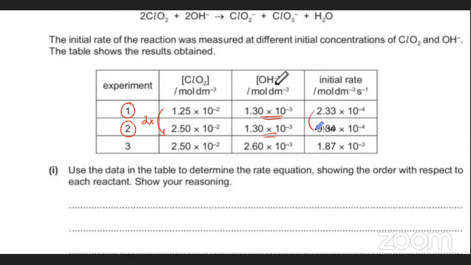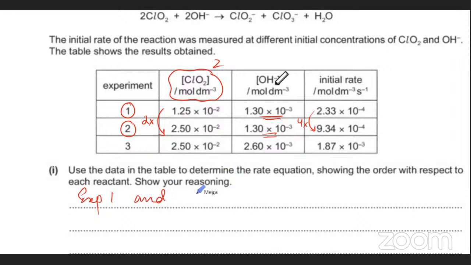How many times is it increasing? 4. That looks like 4. So if it's 4, it's a quadratic relationship. So the order with respect to this one is going to be 2. Is that clear? Yes.